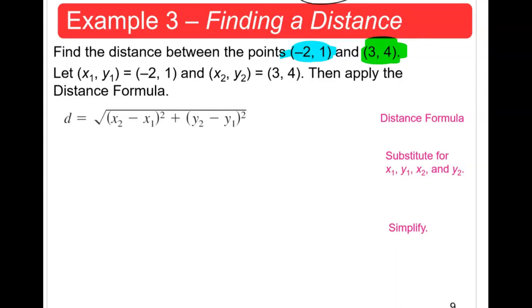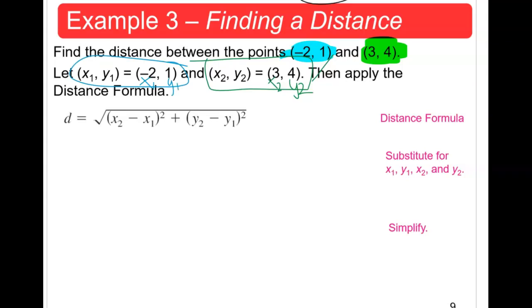They're actually telling us here what they are already. So the 3 is x sub 2, and the 4 is y sub 2. Then for the first point, we have (-2, 1). So we're saying -2 is x sub 1, and 1 is y sub 1.